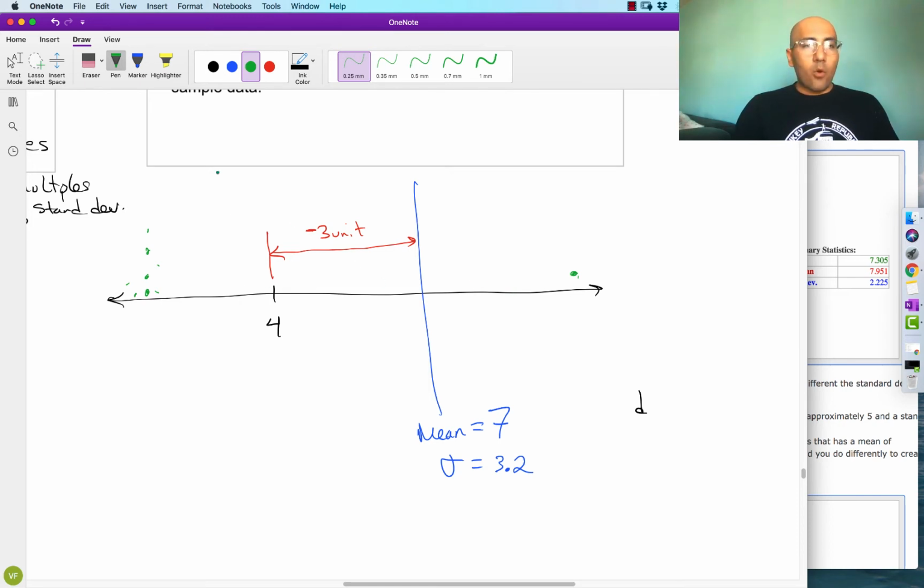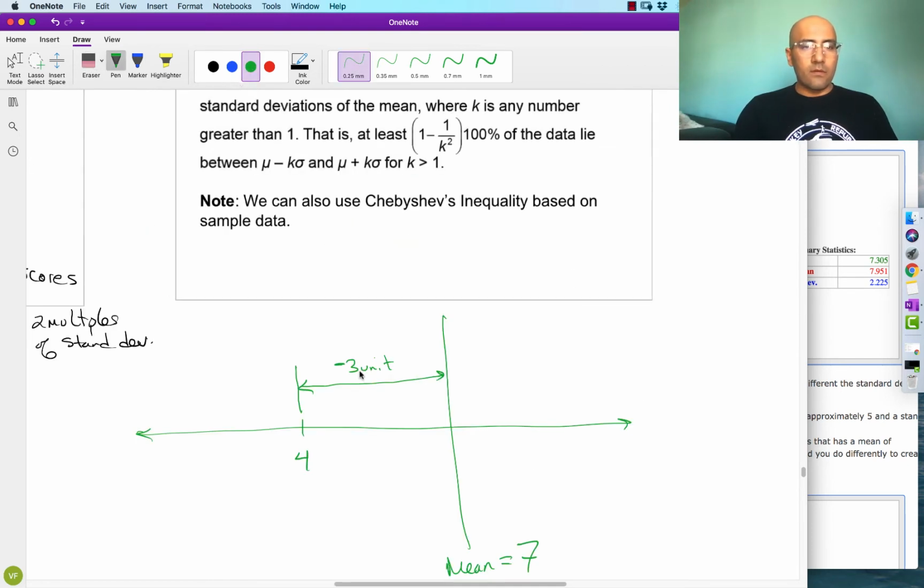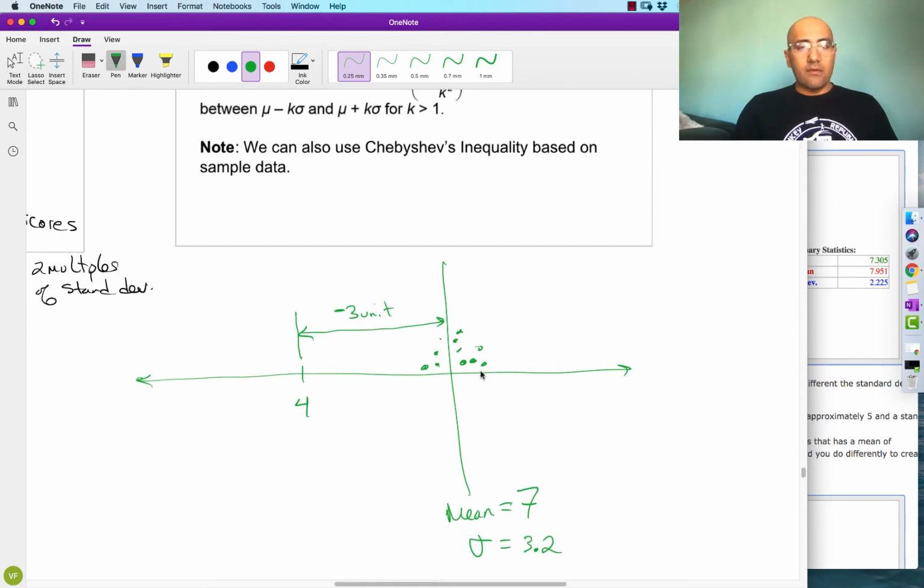Or it could be the case where all the other values are really clumped up around that mean, and now having a score of 4 is pretty bad. So we need to incorporate what the other values were doing. To do that, we think about the standard deviation, and we want to transform this into multiples of standard deviation.